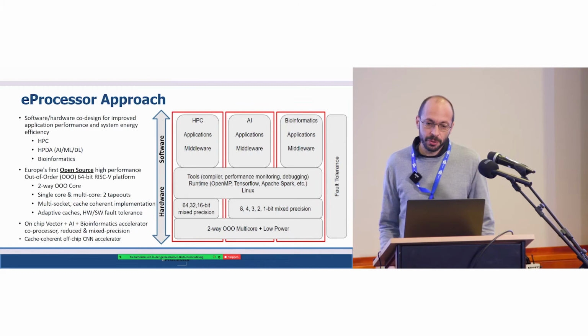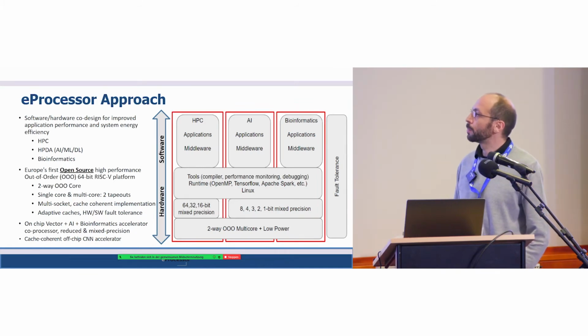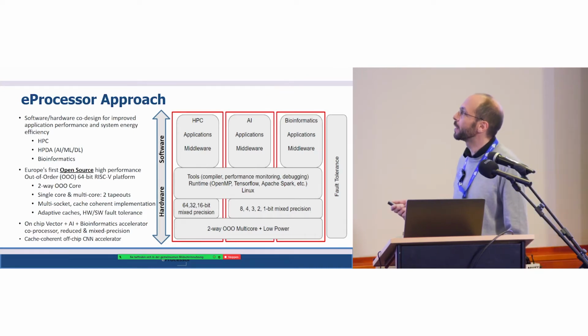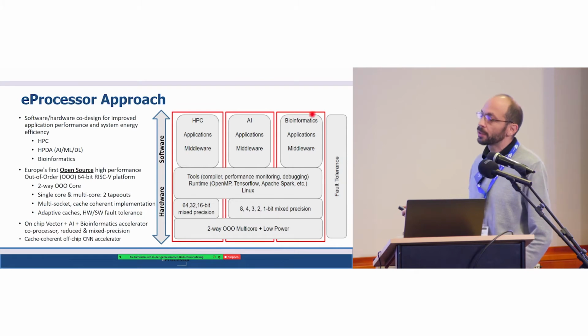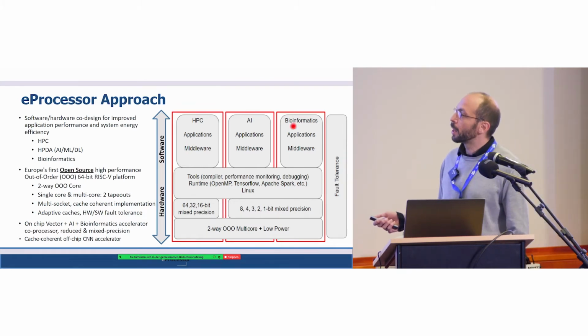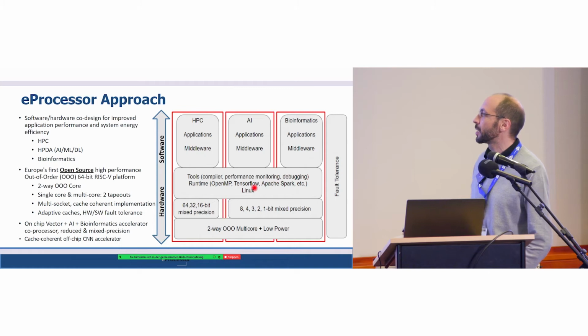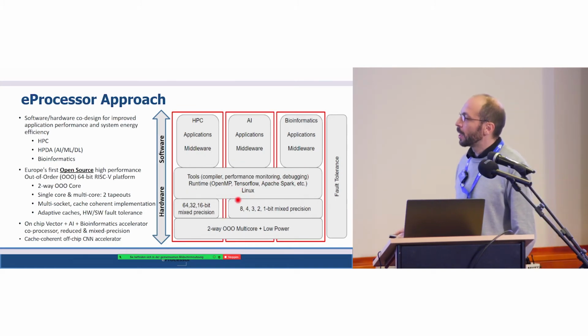So an overview of the approach. As I said, at the top we have the software layer. We're doing HPC, AI, and bioinformatics applications in a codesign approach. And then underneath we have tools, compiler, performance monitoring, debugging, and runtime, OpenMP, TensorFlow, and of course Linux.